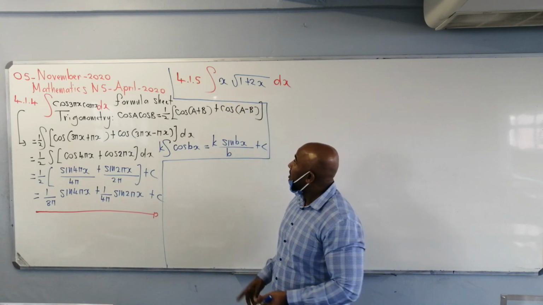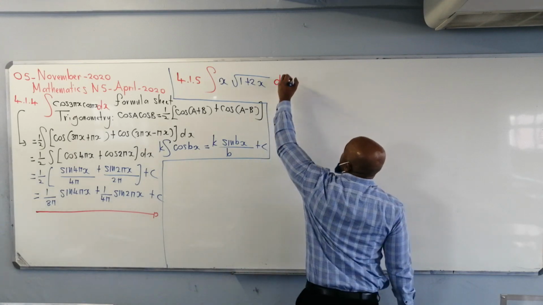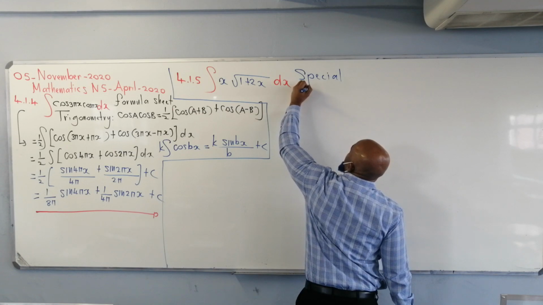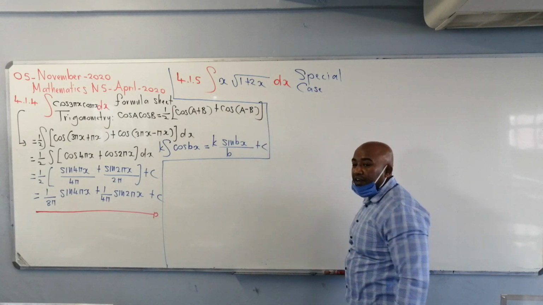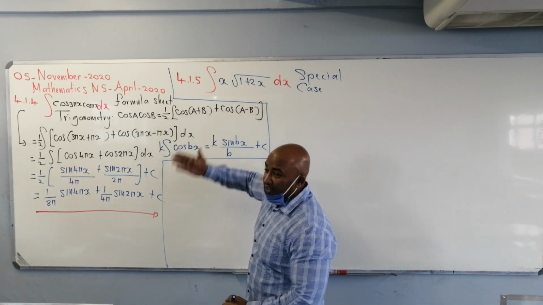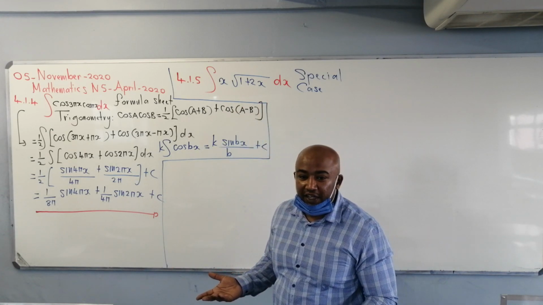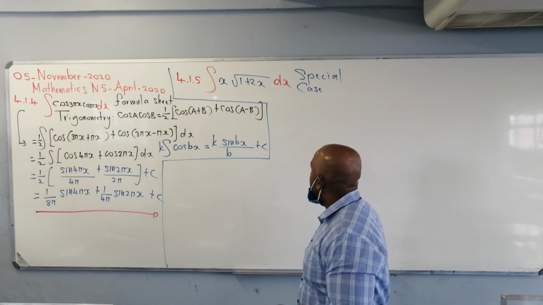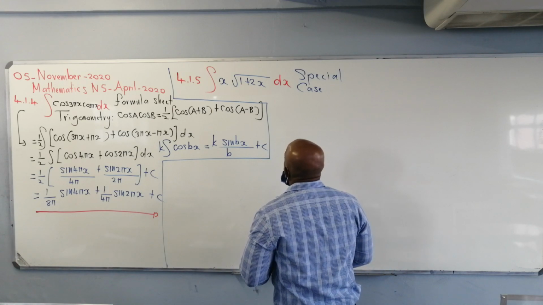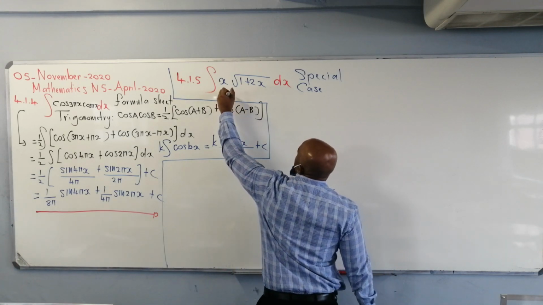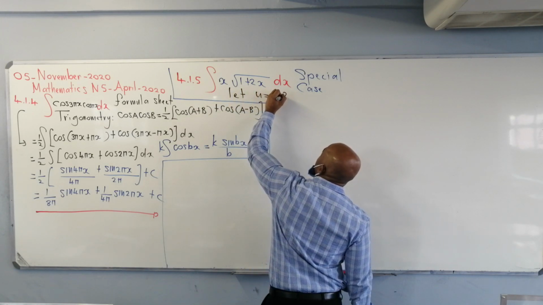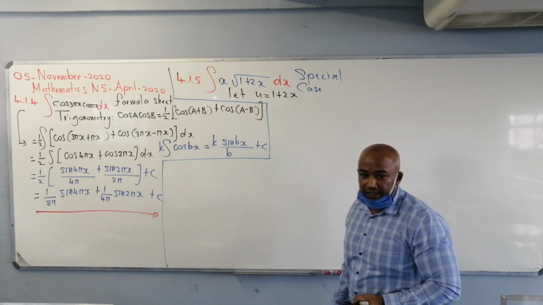Okay, so what do we do? So these are your special case examples. You have to use a substitution here. And you have to get everything in terms of a very different variable. So let's use our u substitution. So here what we can do is we can let u equal to 1 plus 2x.